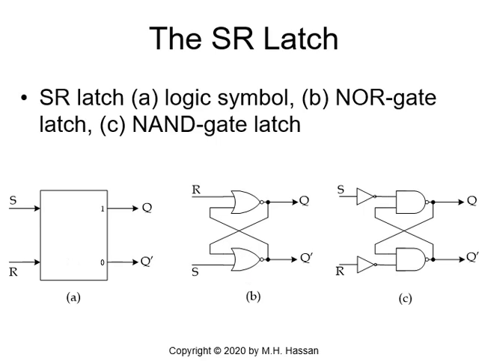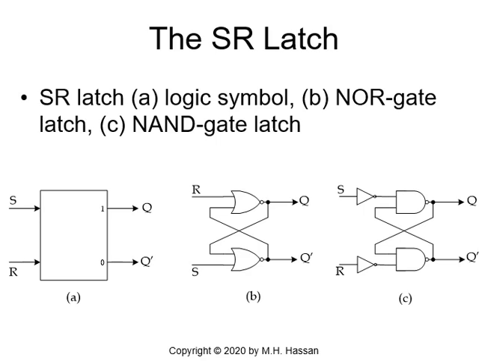So let's stay with the NOR gate circuit first, circuit B. Now, to do the experimentation, we will connect S and R to logic switches, and we will force the output Q to be 0 or 1 at a specific moment of time.